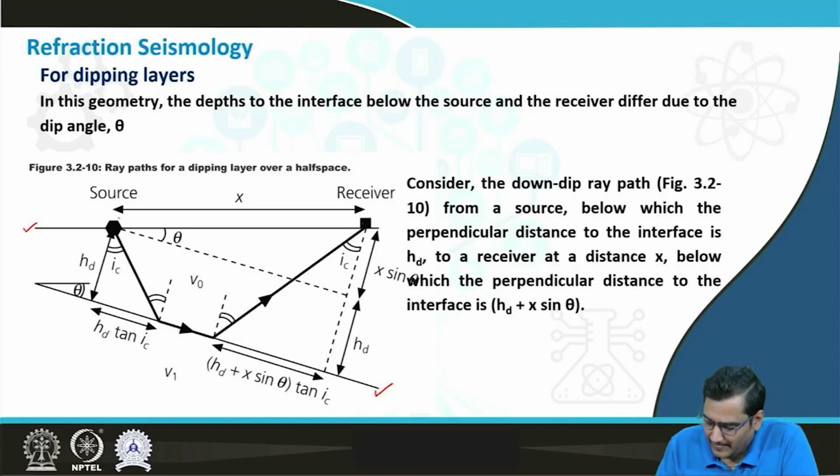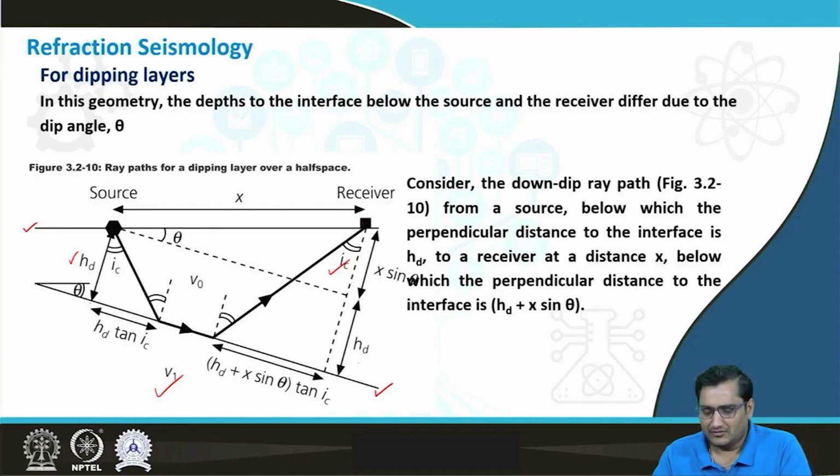The source to refractor perpendicular distance is hd, and the receiver to refractor perpendicular distance is hd plus x sin theta, where theta is the angle of dip of the refractor and IC is the critical angle. Likewise, the velocity at the top portion of the refractor is V0 and below the boundary the velocity is V1.